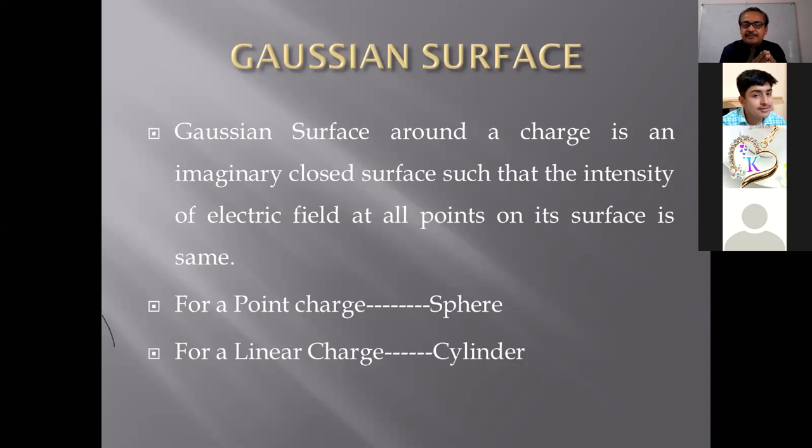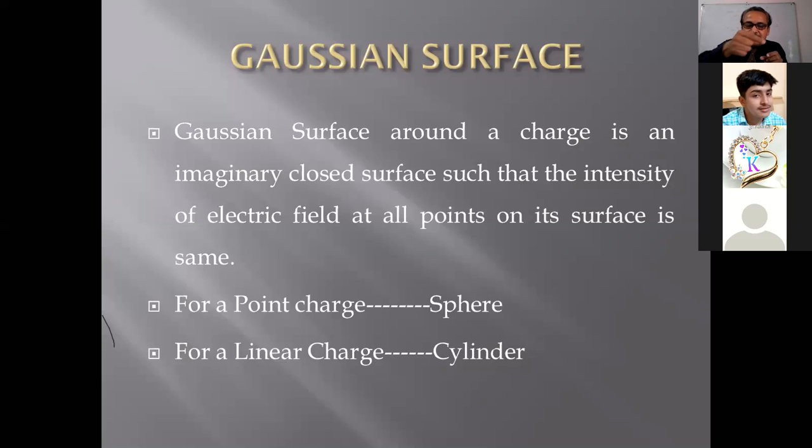Are you getting my point? When you take, suppose, the surface as a sphere, it will be having a large area. So in order to find the electric flux, we will do what? We will consider a Gaussian surface.